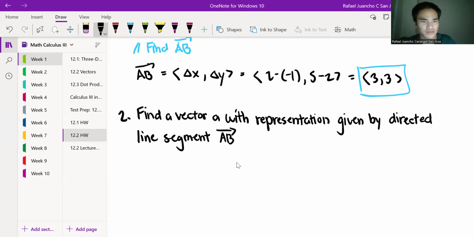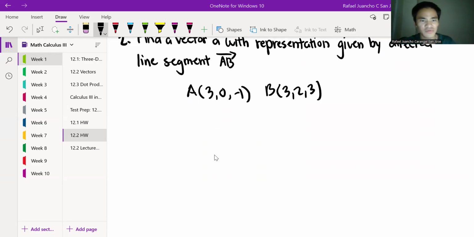So same thing here. So we have for A 3, 0, negative 1. And then for B, we have 3, 2, 3.